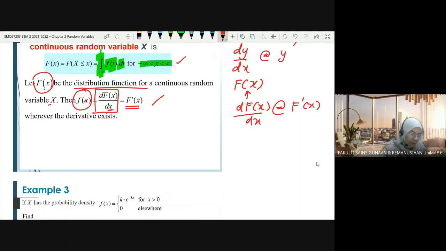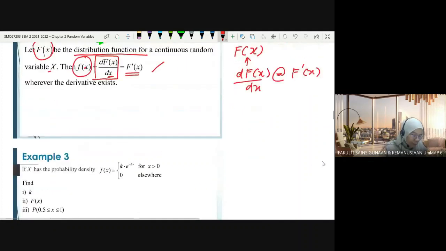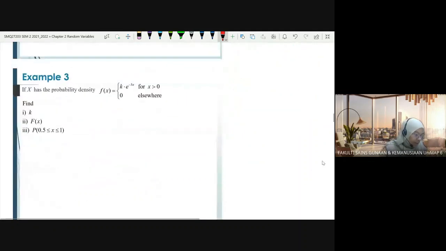Let us look at one example of how to do this. Now, x has the probability density function, small f(x), where for x greater than 0, the density function is given by k e to the power of negative 3x, and elsewhere it is equal to 0.